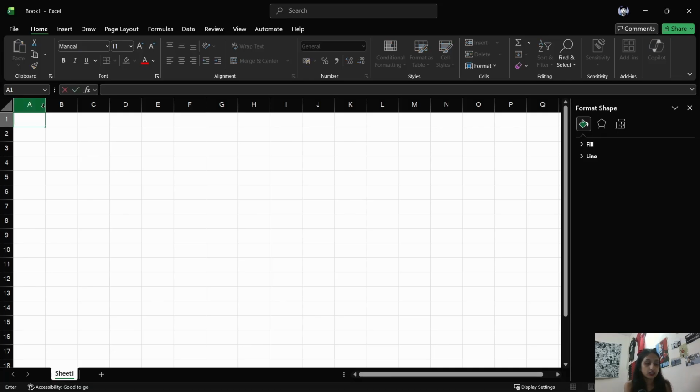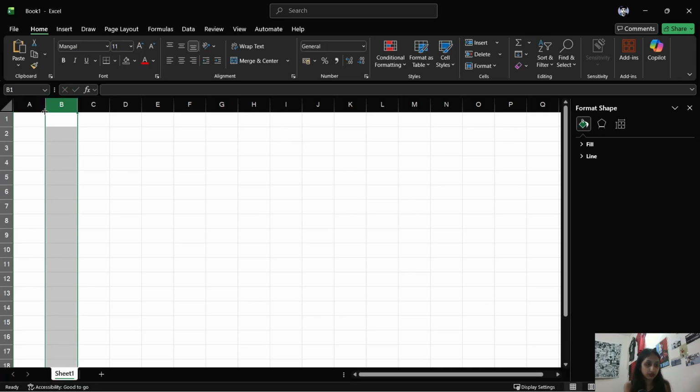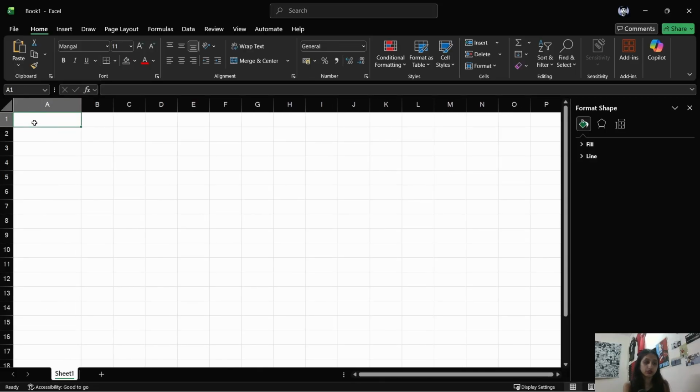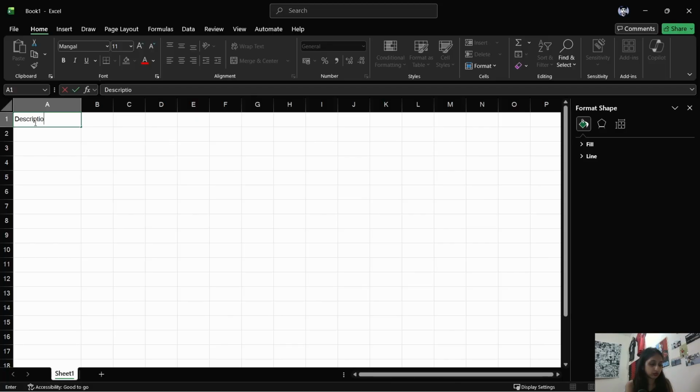I'm going to write Description in A1 and in B1 I'm going to write Values in rupees.